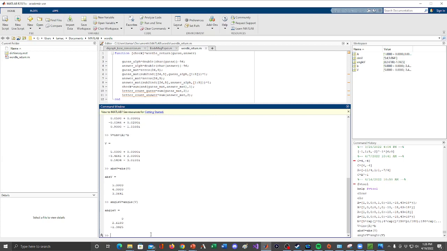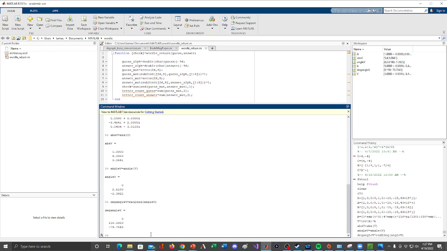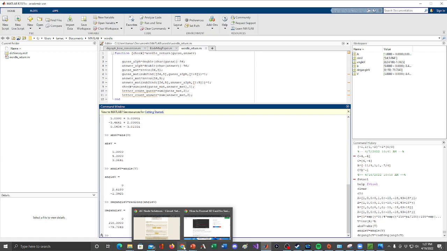This is in radians, so then you would go deg angle V equals rad2deg of angle V. So there you go. And so it's just a matter of plugging those values in.